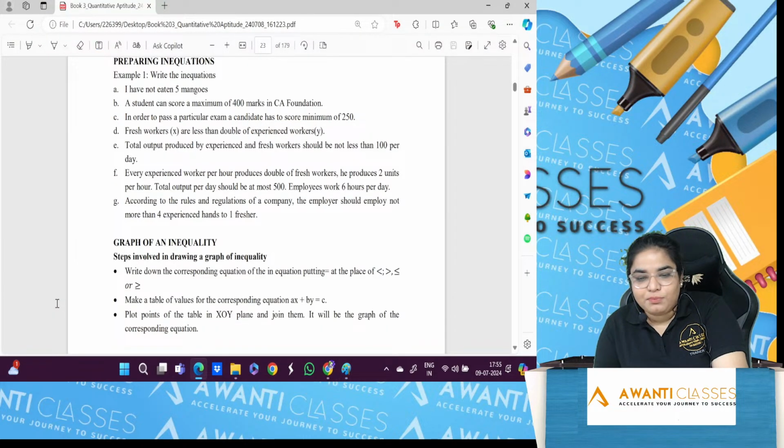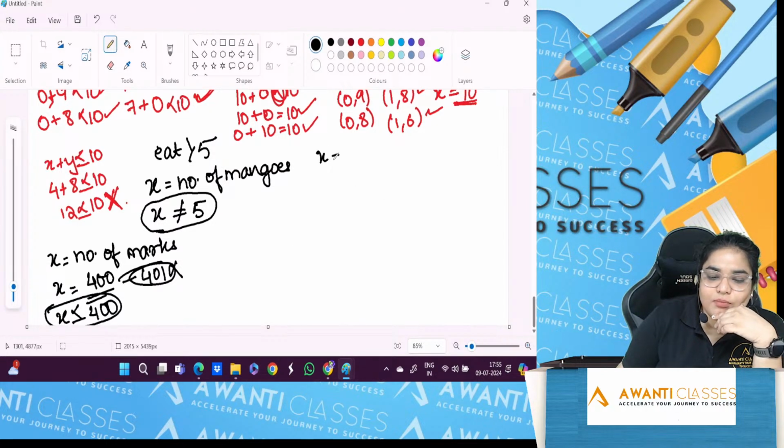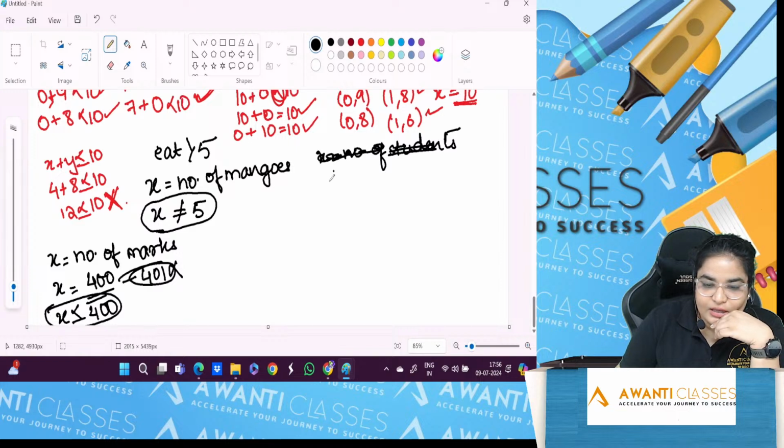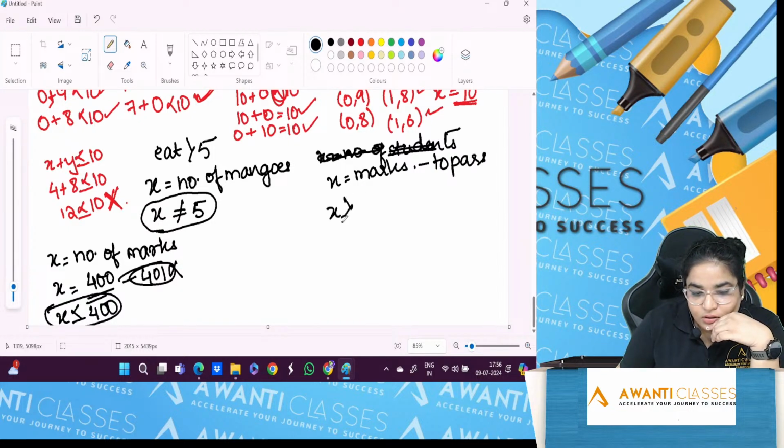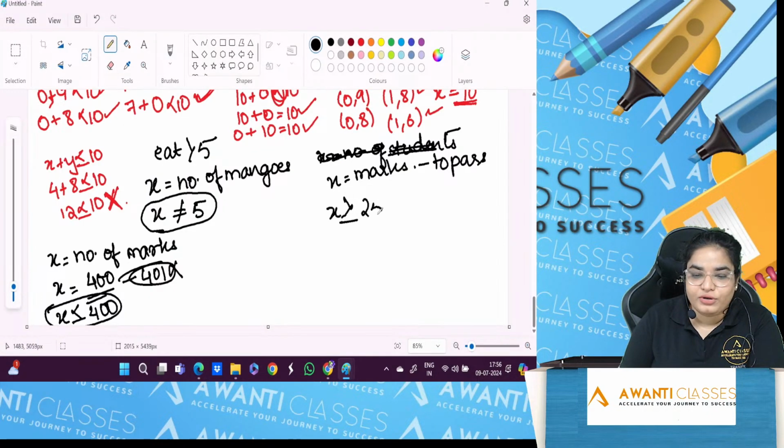Let's look at the next one. In order to pass a particular exam, the candidate has to score a minimum of 250 marks. So in this case, if x is the marks of the student to pass, then x has to be greater than or equal to how much? 250, minimum 250.